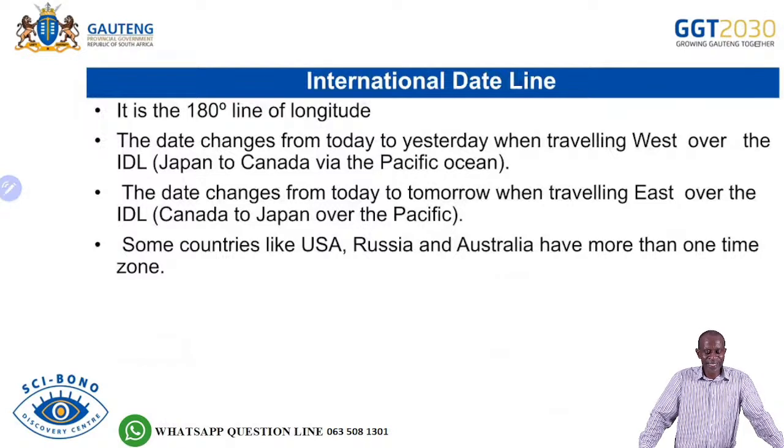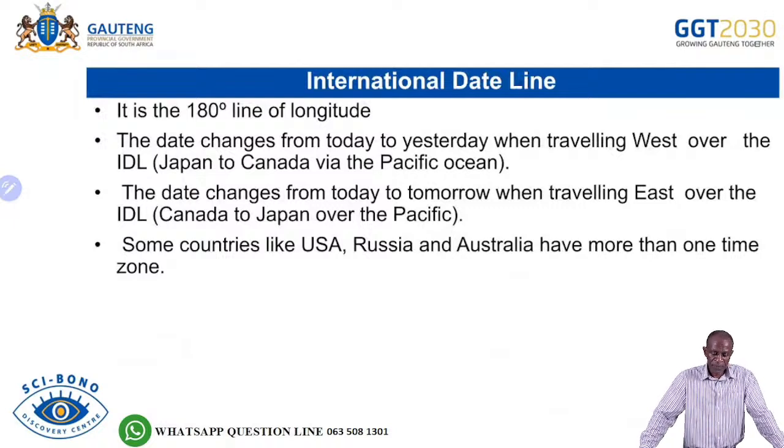So what is it? The international date line is the 180 line of longitude. It is an imaginary line, and once you cross it towards the east, you add another day, and you cross it towards the west, you subtract 1 day.